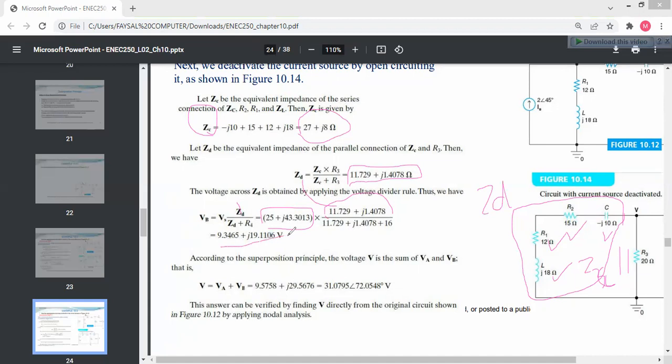As in the first part I found the value of VA, and in the second part I found the value of VB. So for the total voltage according to the superposition principle, the total voltage is the sum of VA and VB. You just have to sum both values, and this will be the value of V for the entire circuit.